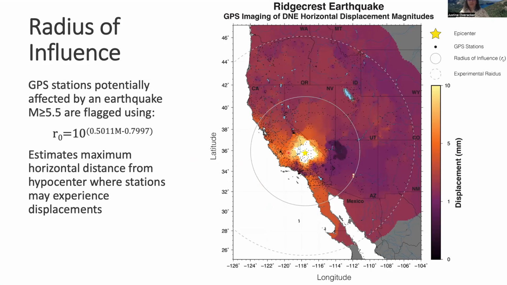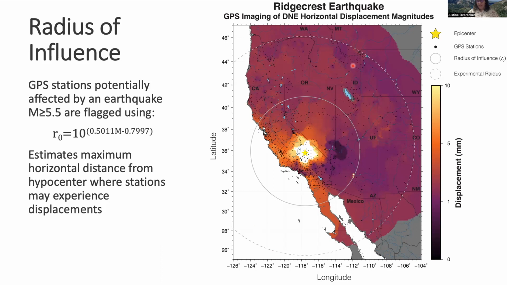So this figure to the right here shows GPS imaging result of horizontal movement for the 2019 Ridgecrest earthquake. It has the radius of influence, and then this is the boundary of all stations used to make this GPS image.